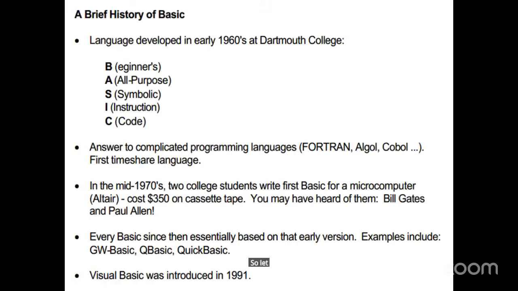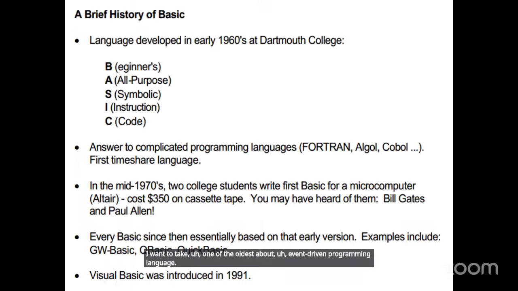After we've been able to look at the key issue, which is programming being able to solve problems, let's look at how we can go about it. We want to take one of the oldest event-driven programming languages, which is BASIC.